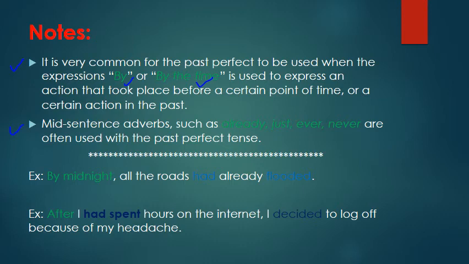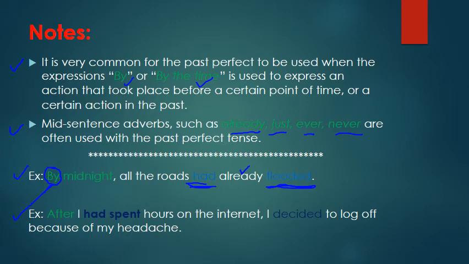Mid-sentence adverbs, you would notice, like already, just, ever, never, are often used with the past perfect tense also. For example here, by midnight, the moment you saw this, it means a perfect tense. By midnight, all the roads had already flooded. Okay, notice also the adverb already. Had already flooded.